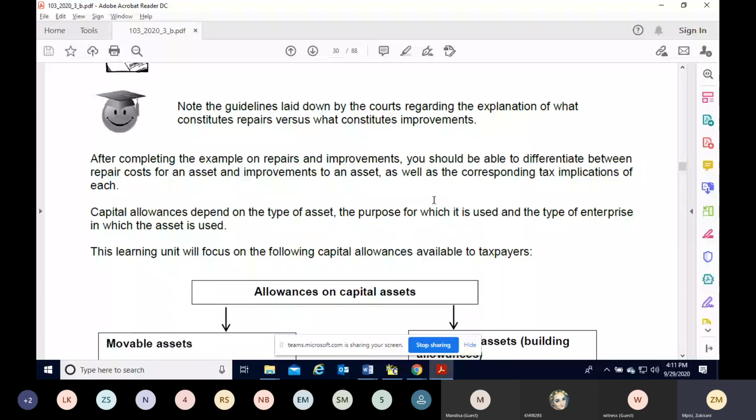But the important thing for you to note is you must be able to pick up when it is a repair, which you can claim in terms of Section 11 deductions, and an improvement, which you can only claim in terms of the capital allowances.